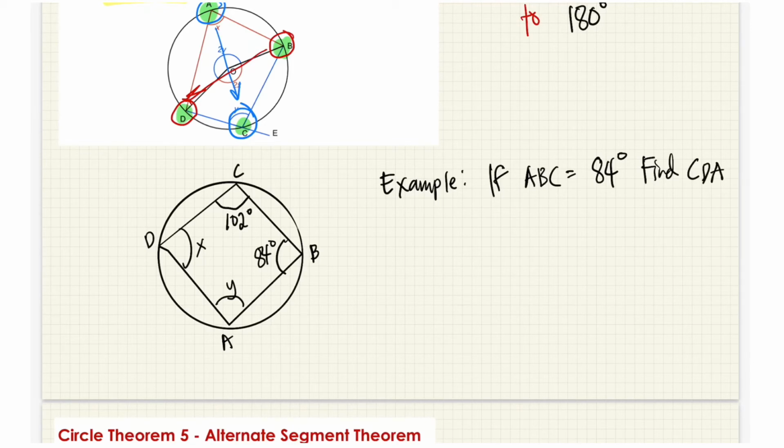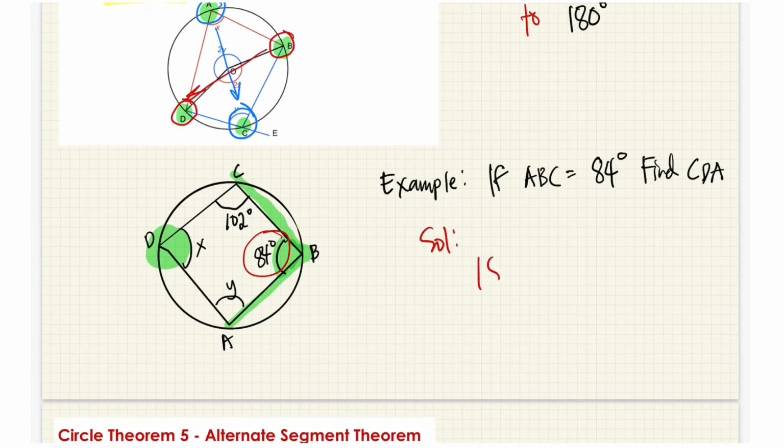All right. ABC here is equal to 84. So since they are opposite, what is angle D? The way you're going to do that is you subtract from 180.